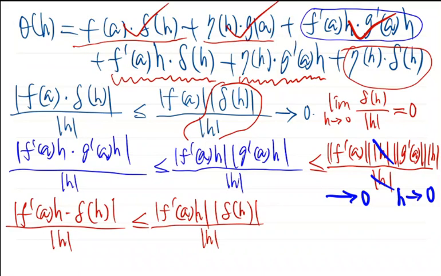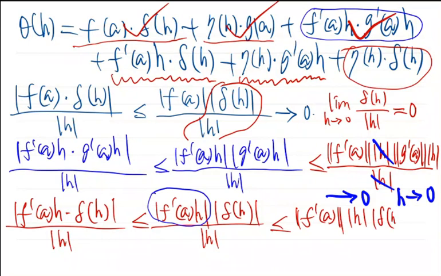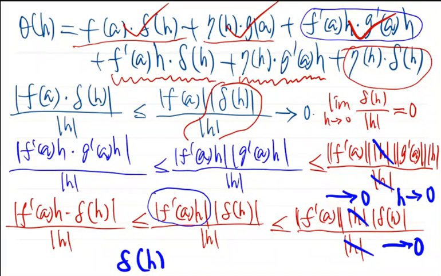Then for the first term here, we use the metric norm again: the norm of f prime a, and then the norm of h, then delta h, then divided by the norm of h. Now the norm of h cancels, and this goes to 0 because delta h goes to 0 as h goes to 0.